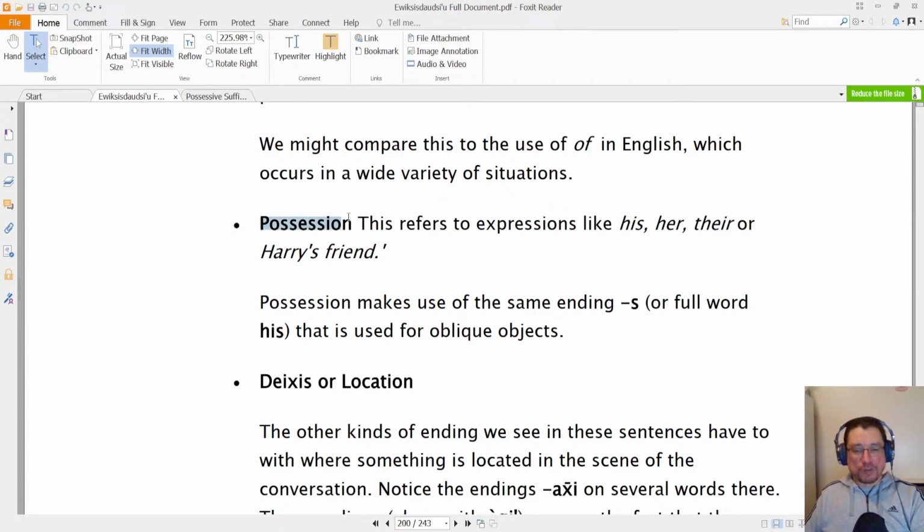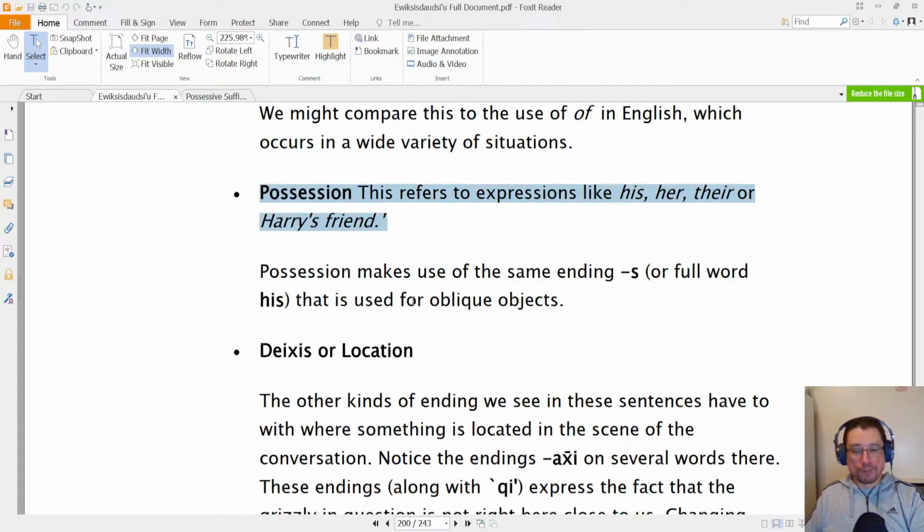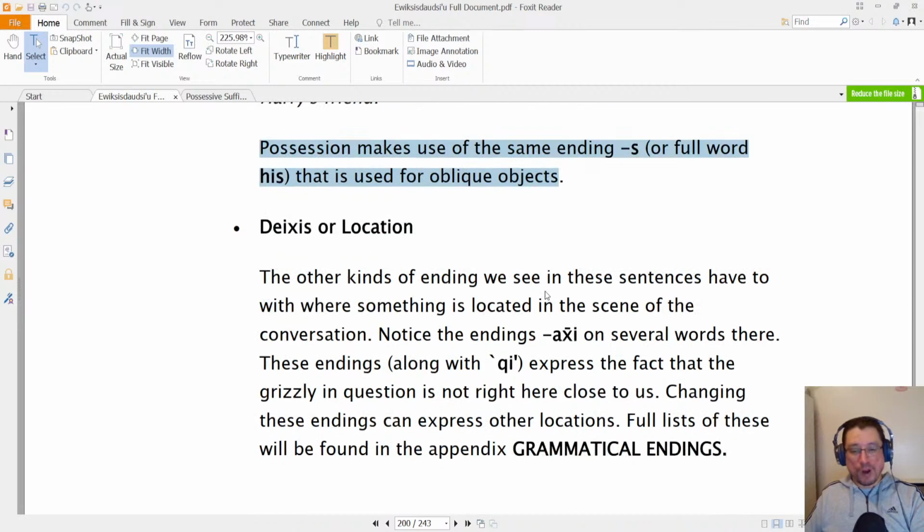In possession, this refers to expressions like his, her, their, or an example would be Harry's friend. Possession makes use of the same ending of the letter s or full word hase that is used for oblique objects.